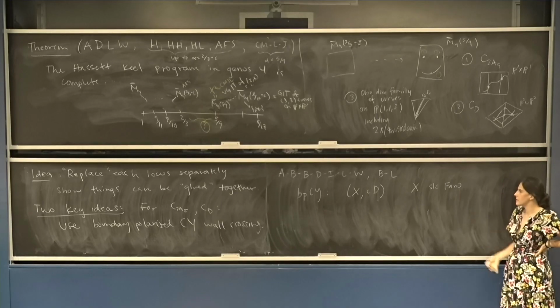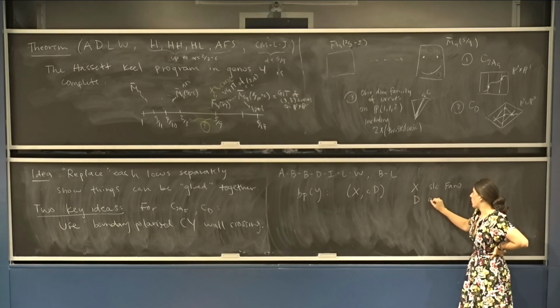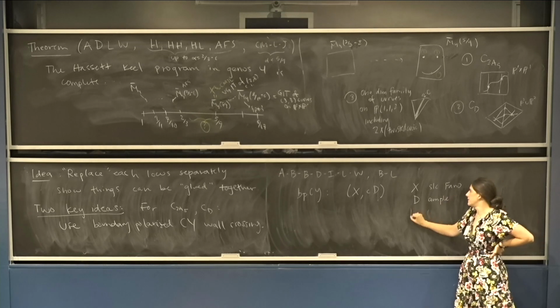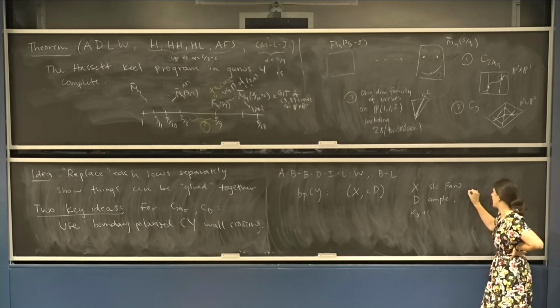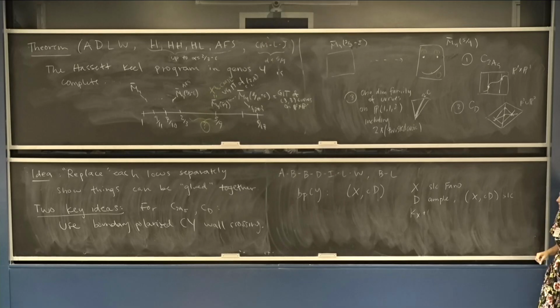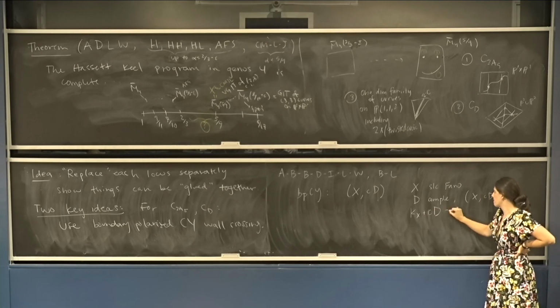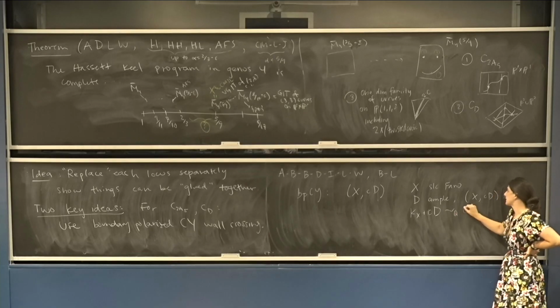So the anti-canonical is ample, but X could be SLC. D is ample, and KX, and still X, C, D has good singularities. Can't add any ample divisor. And KX plus CD is trivial, maybe Q linearly equivalent to 0.